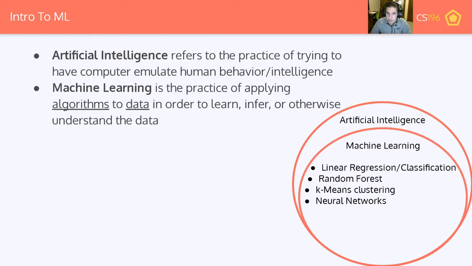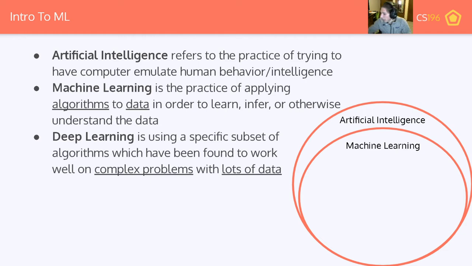And so we have the bubble of machine learning, and we have all sorts of things that fit under here. We have your linear regression, your linear classification, things like random forest, things like k-means clustering, and of course, everyone's favorite, neural networks. And then finally, we'll talk about deep learning, which generally focuses on a specific subset of algorithms that have been found to work really well on complex problems with a lot of data.